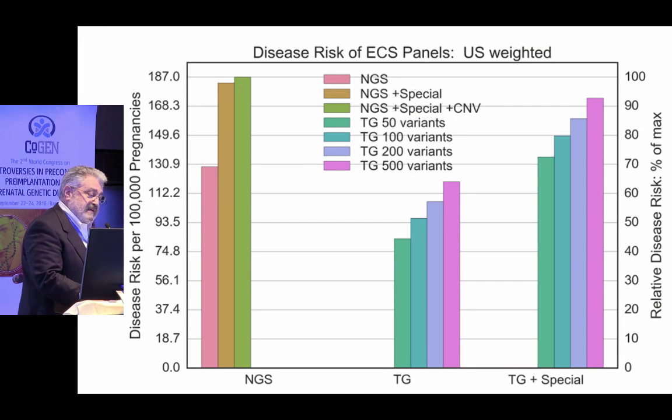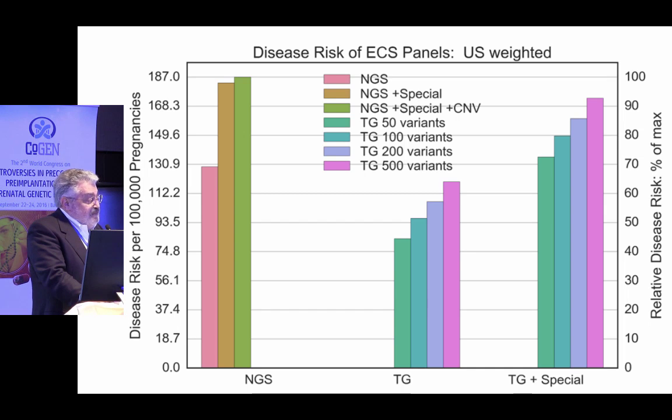Another way of looking at this is the disease risk of expanded carrier screening panels. So this is weighted against the U.S. population. And you can see, looking on the left-hand side at next-generation sequencing, and the pinkish color one is just straight NGS sequencing. Now, there are some disorders which are difficult to detect or analyzed by next-generation sequencing, like cystic fibrosis, CAH caused by 21-hydroxylase deficiency, SMA, alpha thalassemia.